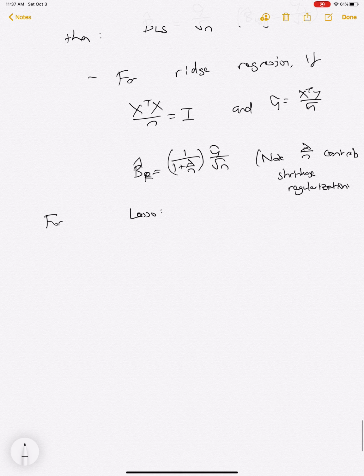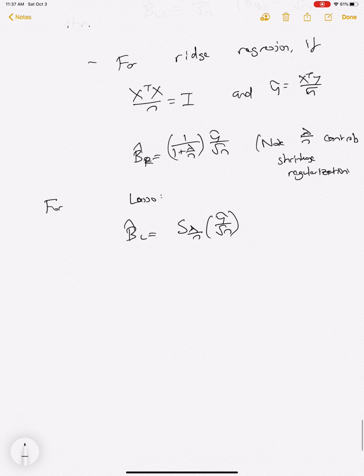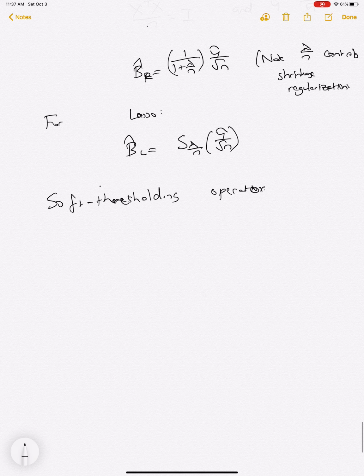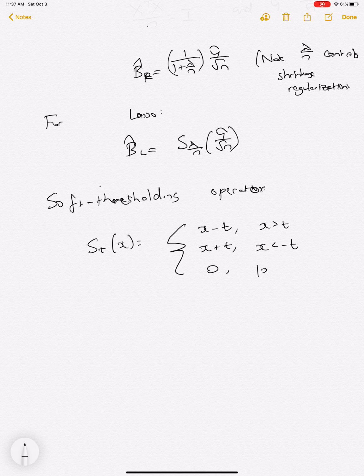And for the lasso, we can write this out as beta hat L is equal to the soft thresholding operator, which I'll denote S_t, applied to y tilde over square root of n, where the soft thresholding operator S_t of some x is equal to x minus t if x is bigger than t, x plus t if x is less than negative t, and it's equal to 0 for absolute value of x less than or equal to t.